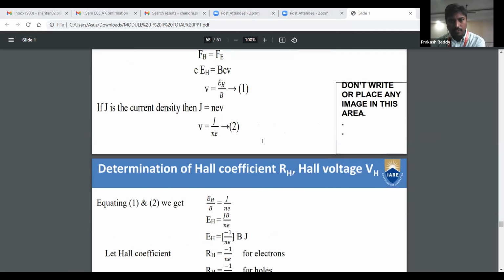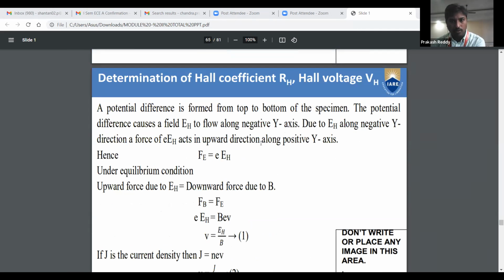Again, the determination of the Hall coefficient RH and the Hall voltage.